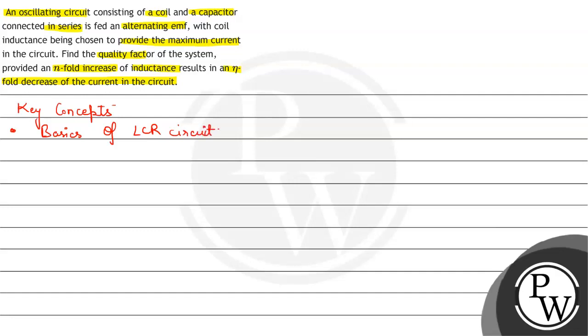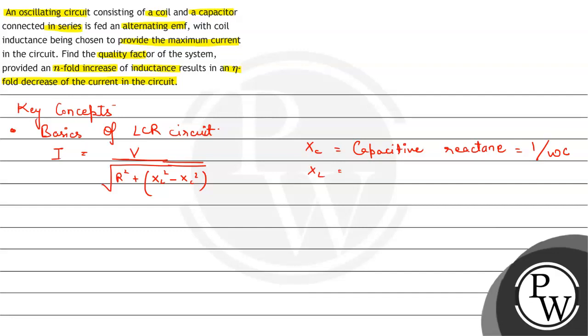In the basics of the LCR circuit we have I, which is the current in the circuit, given by V upon square root of R square plus (XL minus XC) square, where XC is capacitive reactance, given by 1 upon omega C, and XL is inductive reactance. It is given by omega times L.